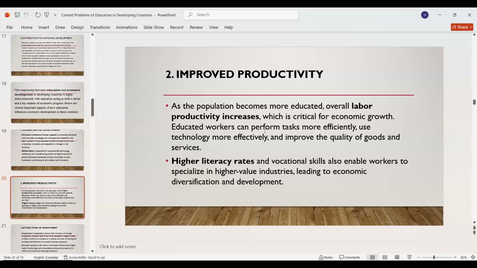So we are talking about productivity. We have to prepare productive students for the community. So how can we improve productivity, right? In other countries, what do they mean by productivity? As a population becomes more educated, overall labor productivity increases, right?